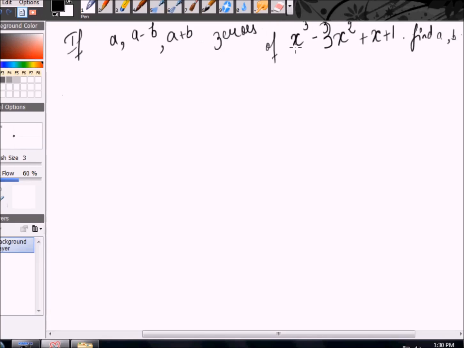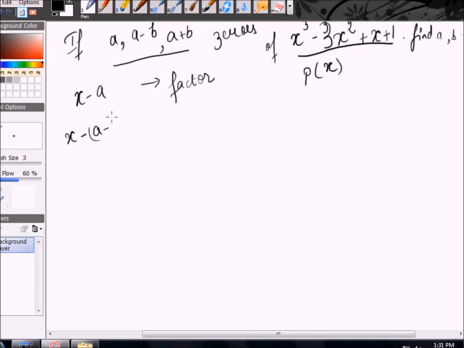Friends, let this polynomial be p(x). If p(x) has these three terms as the zeros, then by factor theorem x minus a is a factor of p(x). Similarly, x minus (a minus b) is another factor of p(x), and x minus (a plus b) is another.